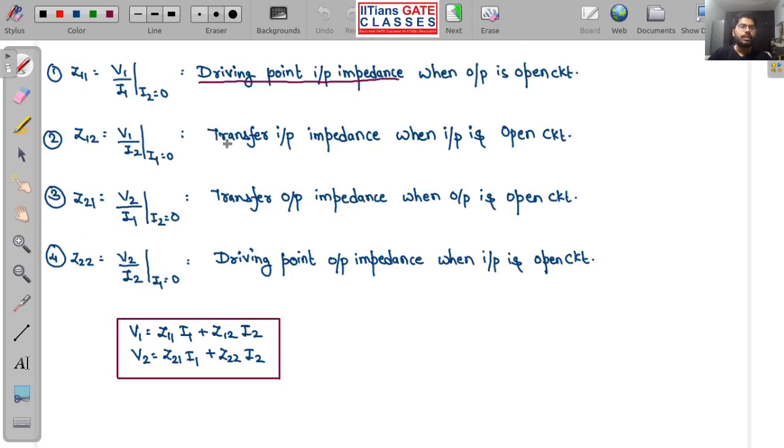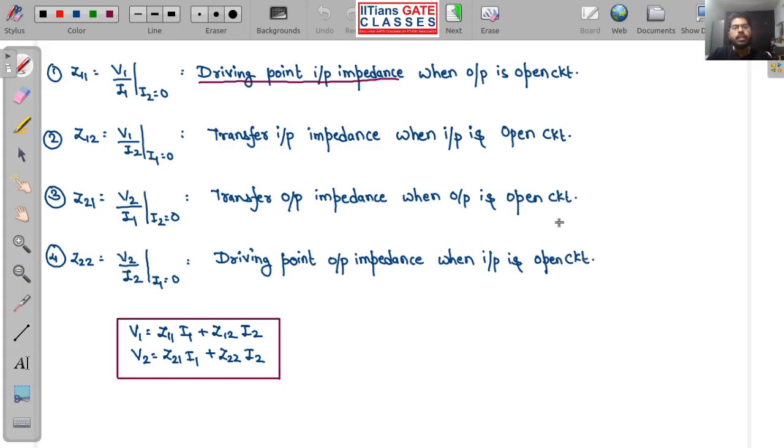Z12 is the transfer input impedance when input is open circuit. Why input is open circuit? You can see I1 is equal to 0. Z21 will be transfer output impedance when output is open circuited. And Z22, similarly, is the driving point output impedance when input is open circuit.